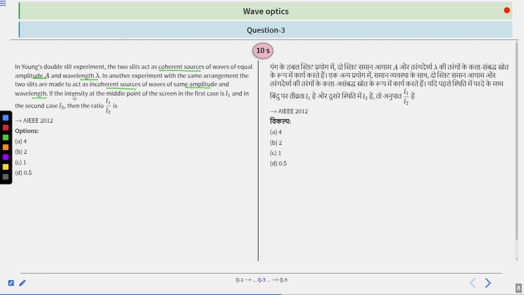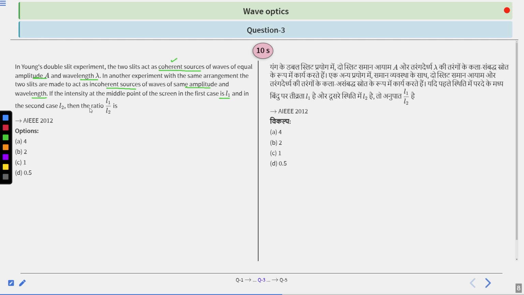Here there are two situations. In the first situation, the sources are coherent, and in the second, the sources are incoherent. If the intensity at the middle point of the screen in the first case is I1 and in the second case is I2, then the ratio I1 divided by I2 is what?